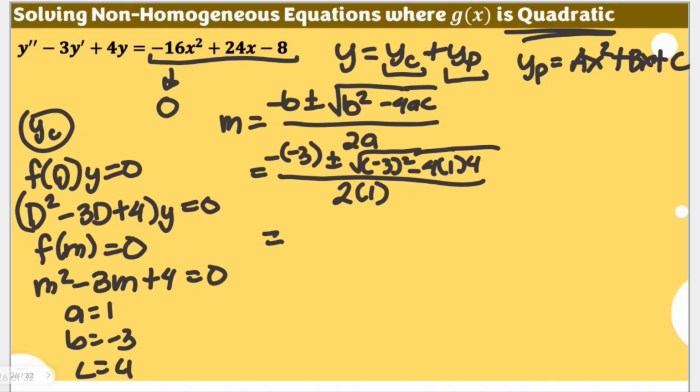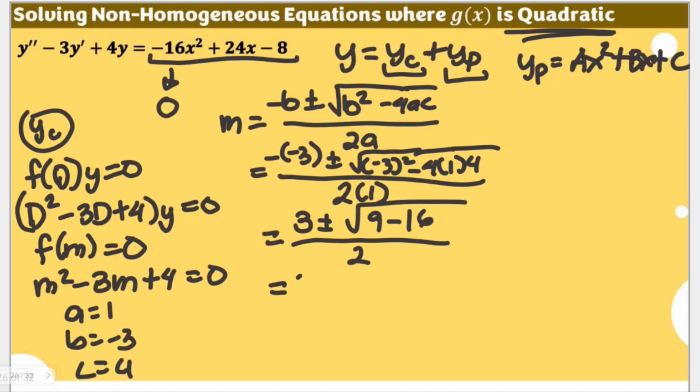So let's continue. This is now positive 3 plus or minus the square root of 9 minus 16. And as you can see, this is negative. That is an indication that our trinomial earlier is not factorable, and at the same time we will have imaginary roots. So please take note of that. Over 2, we'll have 3 plus or minus the square root of negative 7, over 2.